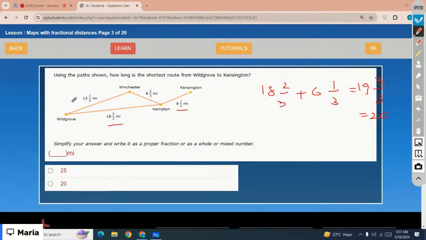Now just add this one: 13 whole 1 by 3 plus 6 whole 2 by 3 plus 6 whole 1 by 3. So that is 13 plus 6 is 19, 19 plus 6 is 25, and 1 by 3 plus 2 by 3 plus 1 by 3 is 4 over 3. So 25 whole 4 over 3, right?